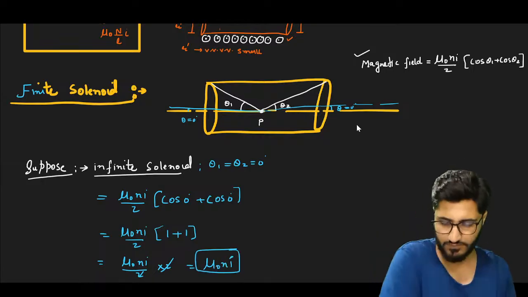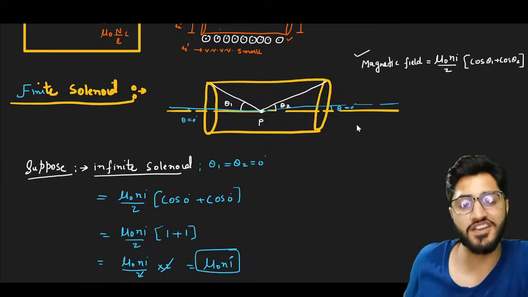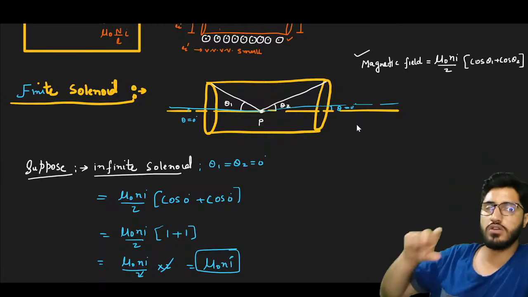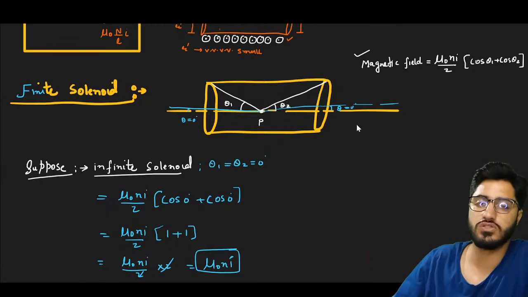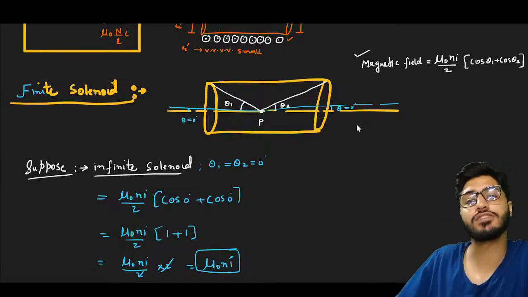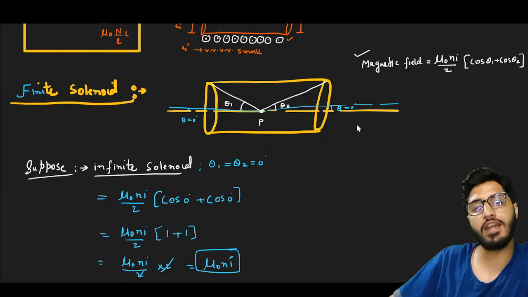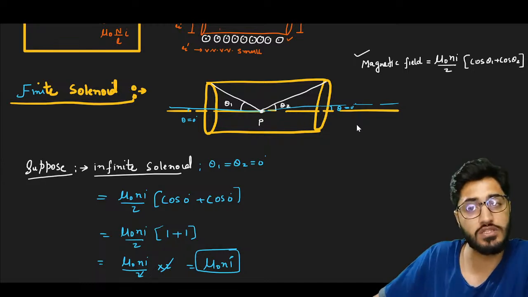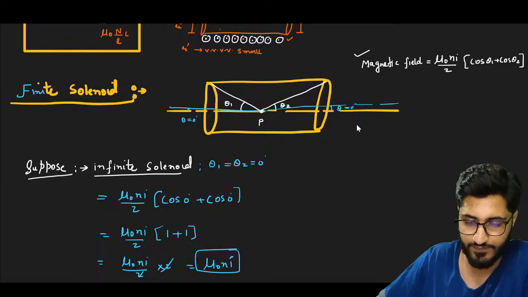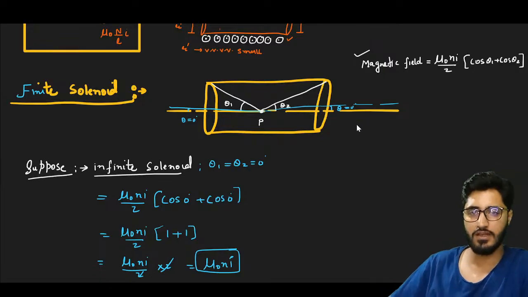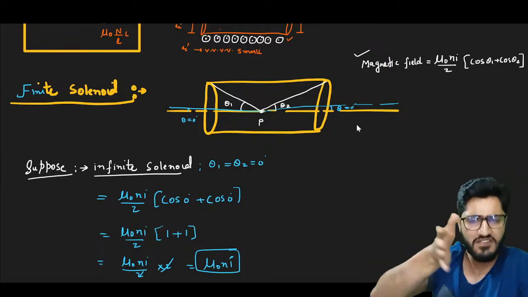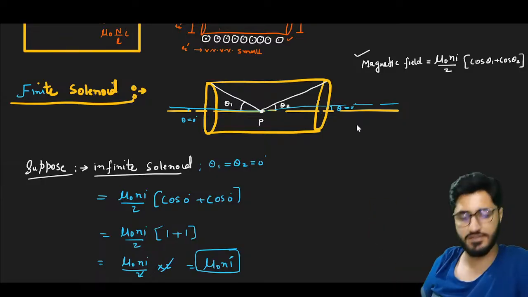Done? So the magnetic field due to a long solenoid inside is nu naught Ni, outside is 0. If we are dealing with finite, it is nu naught Ni by 2 into cos theta 1 plus cos theta 2. Clear? But this is between, not at the extreme ends.